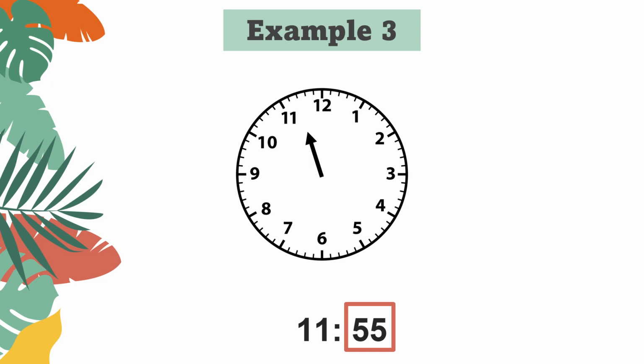We start from 0, 5, 10, 15, 20, 25, 30, 35, 40, 45, 50, 55. So the minute hand will be pointing at 11 to show 55 minutes. So this is how you draw the long hand for 55 minutes.